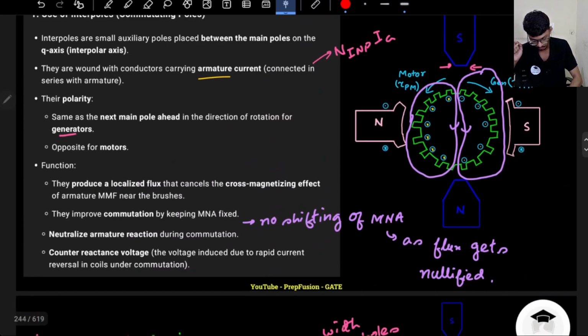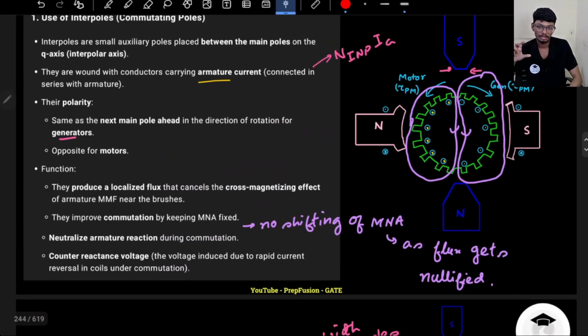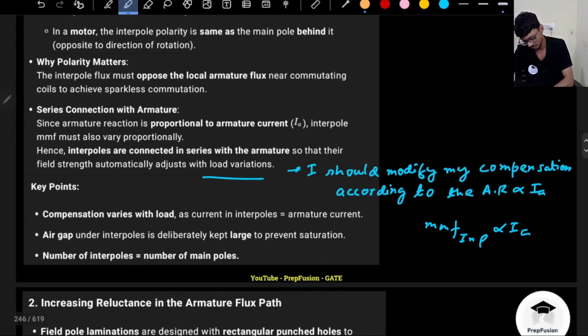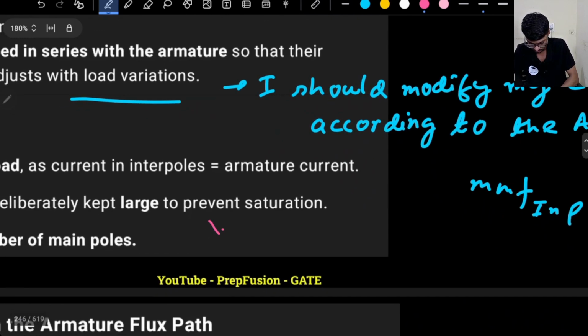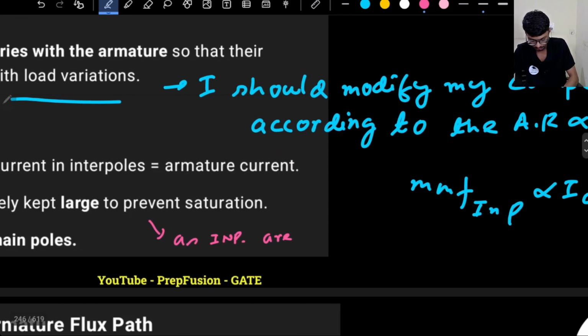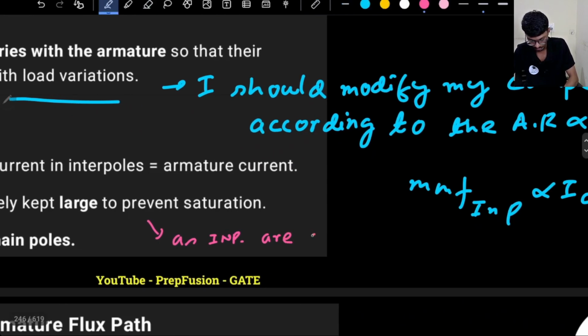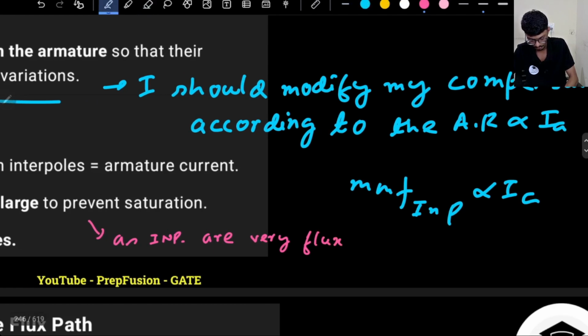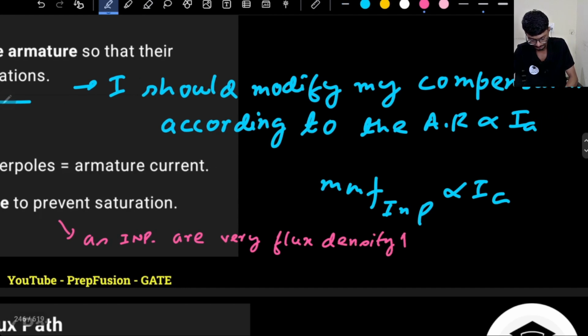Because the interpoles are very narrow, the flux density will be very high. Now, if flux density is very high, that means what?